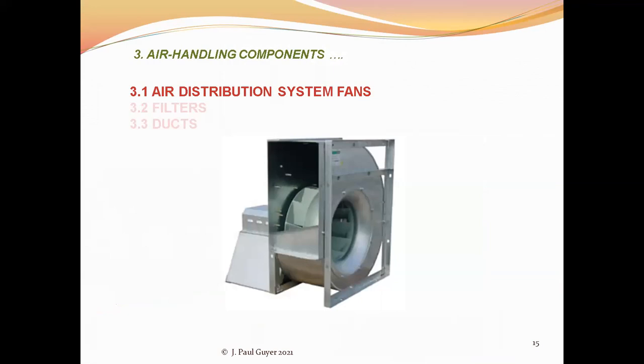And the evaporator coil is a heat exchanger, and either refrigerant or chilled water is being pumped into the evaporator coil. The air is blown across the cold coil, and the air is cooled, or vice versa. In the winter, you're using hot water, possibly.